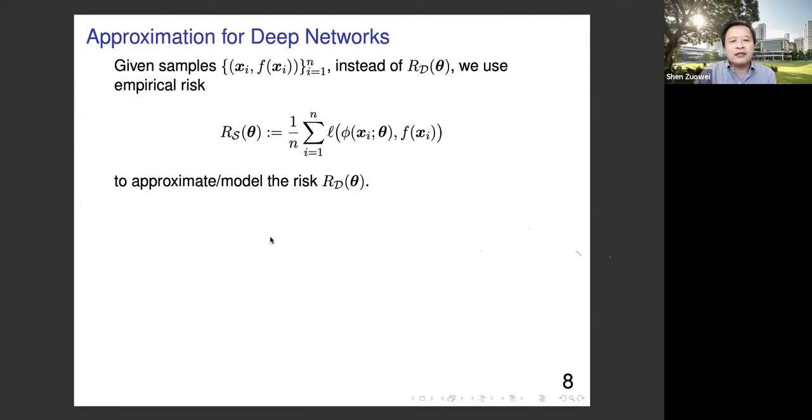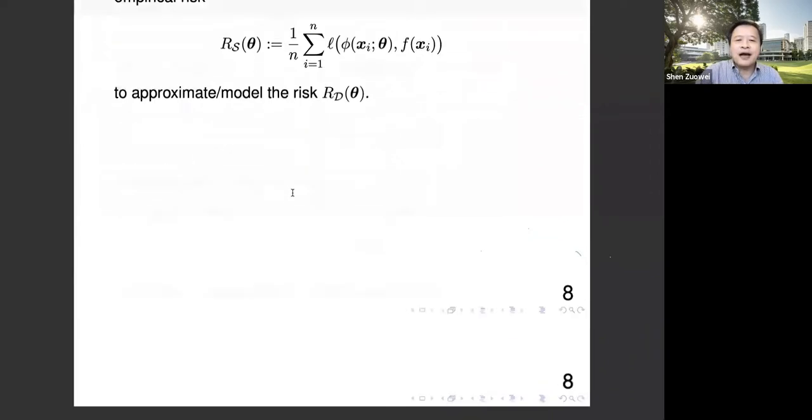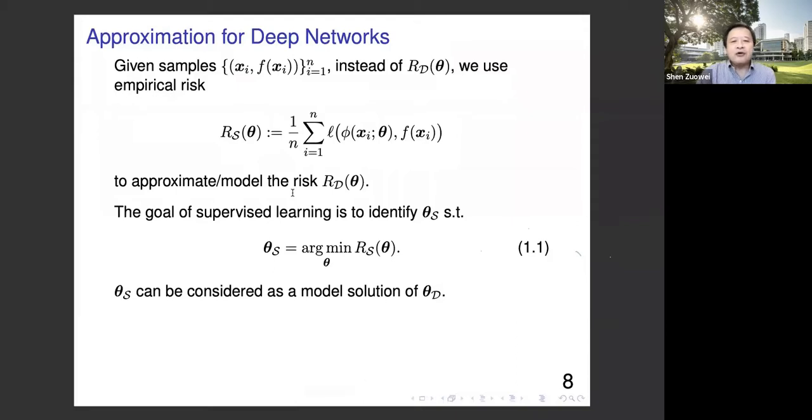The empirical risk R_S really uses the data. You use the x_i, the data you are given. This is your empirical model, so your deep learning is to optimize that. The system you can compute, and you can develop an optimization algorithm to do that.